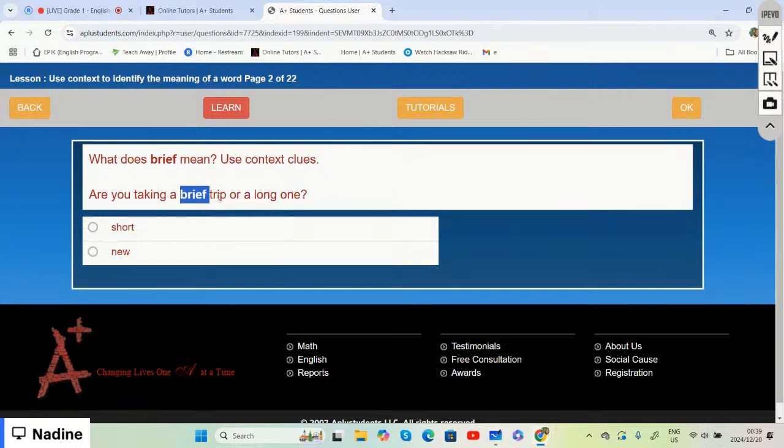So brief, is it saying, are you taking a short trip or a long one, option 1? Or does it say, are you taking a new trip or a long one? What does brief mean? Does it mean short, option 1, or new, option 2?